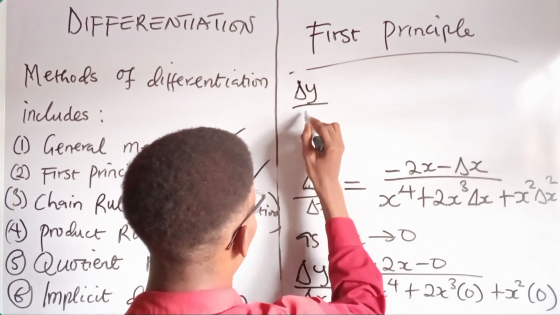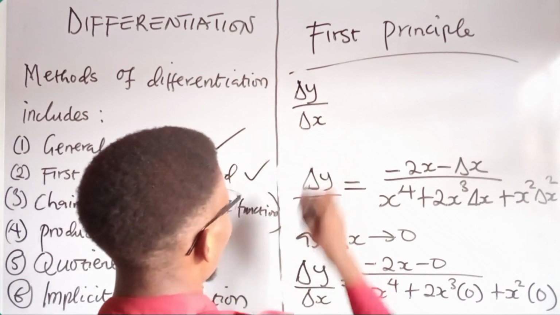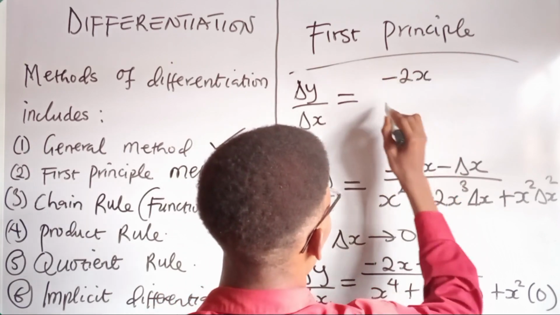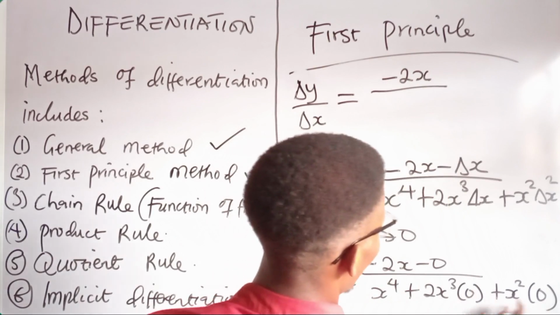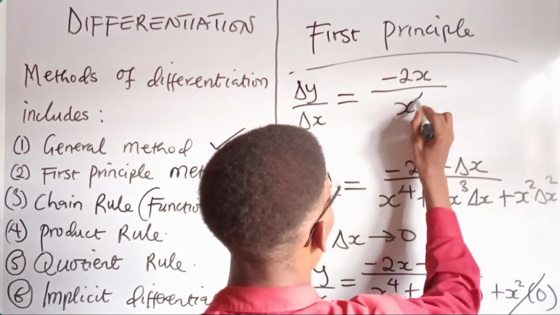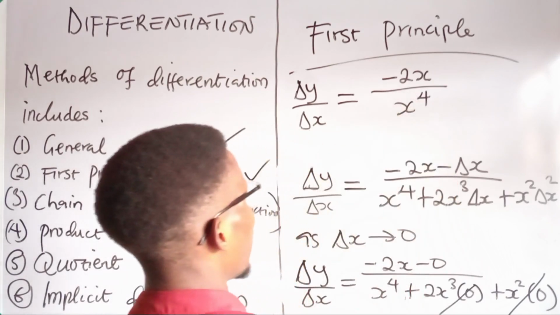Now we're going to have change in y over change in s is equal to minus 2s all over, all these are 0. All right, so you have s raised to power 4. Okay?